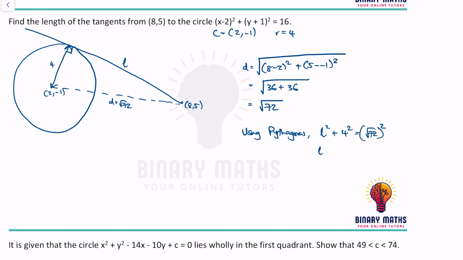I don't know what L² is, so L² + 16 must be equal to 72, which means L² must be equal to 72 take away 16, which is 56. So L must be equal to the square root of 56. So that would be my final answer.